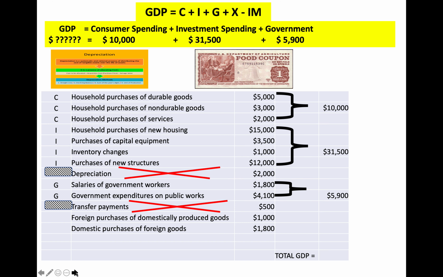Then notice that we have a couple things that are not counted anywhere in this. One is depreciation. If you've already had accounting, you're probably familiar with what depreciation is. A business gets credit for having used some of its equipment. So for instance, you buy a truck to run in your business, and the truck is expected to last 3 years.